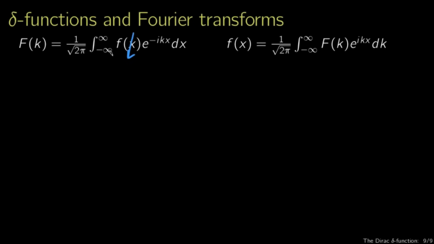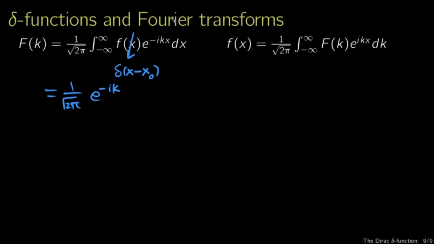Capital F of k now represents the k-space representation of f of x, where if this is going to be delta of x, you know how to do this integral. This is just going to be 1 over the square root of 2 pi out front times e to the minus i k, and I've forgotten something. Instead of treating this as just the delta function at specifically x equals 0, I'm going to say x minus x naught, and do things a little bit more generally.